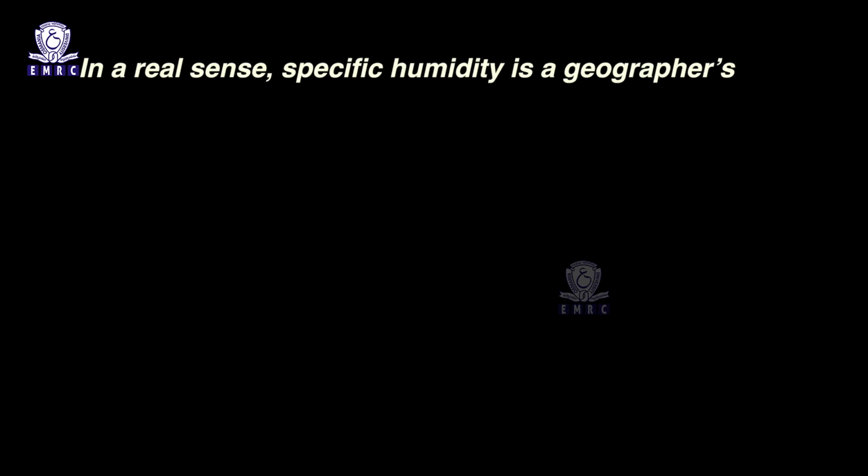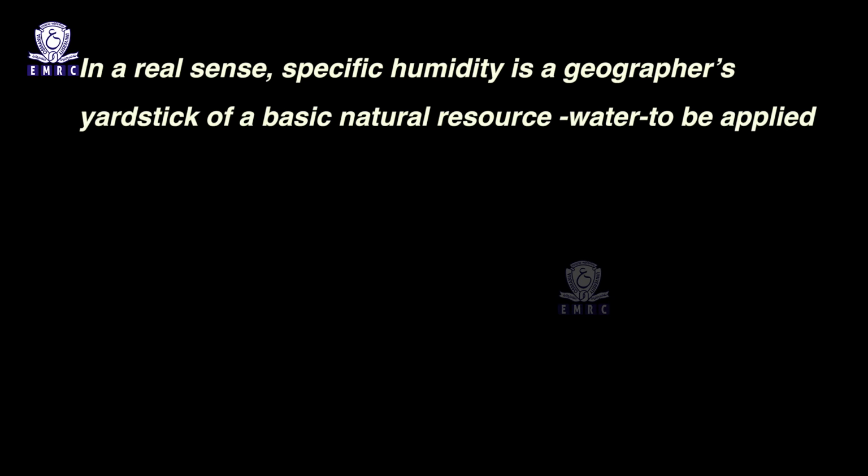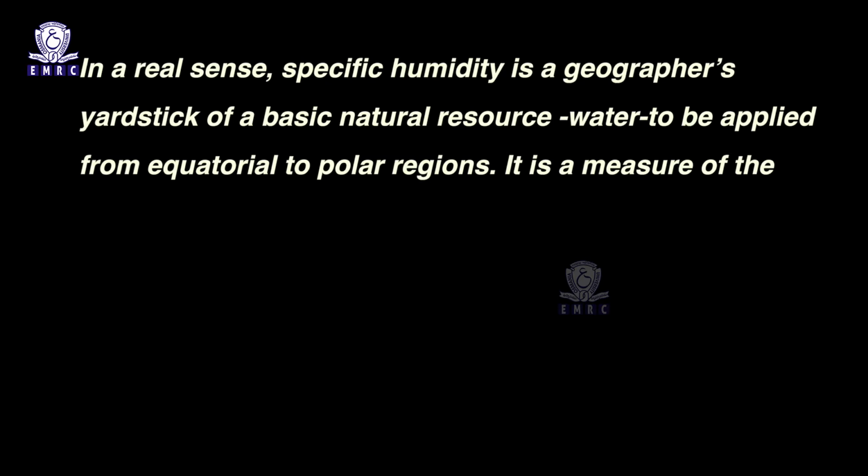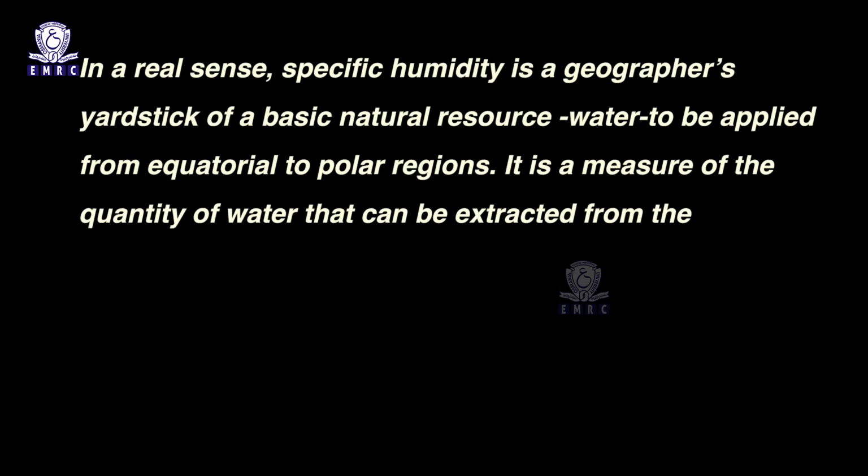In a real sense, specific humidity is a geographer's yardstick of a basic natural resource, water, to be applied from equator to polar region. It is a measure of the quantity of water that can be extracted from the atmosphere as precipitation.